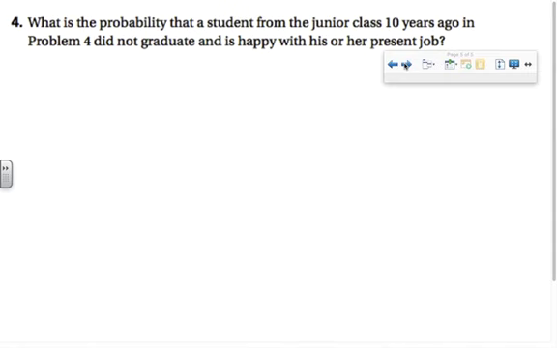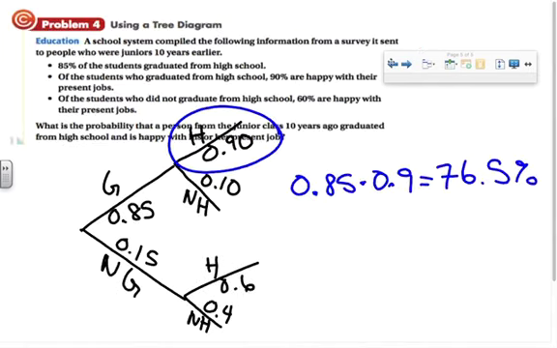This last example is referring back to that same diagram. It's asking, what is the probability that a student from the junior class 10 years ago in problem 4 did not graduate and is happy with his or her present job? So for this problem, we're interested in this branch.